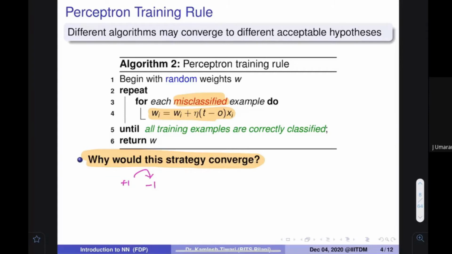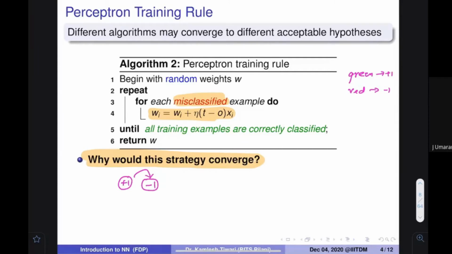Let's assume green is +1, because numerically we can interpret it, and red is -1. So the problem is there when a positive +1 is actually told as -1.